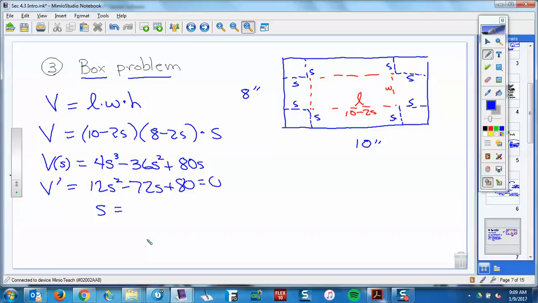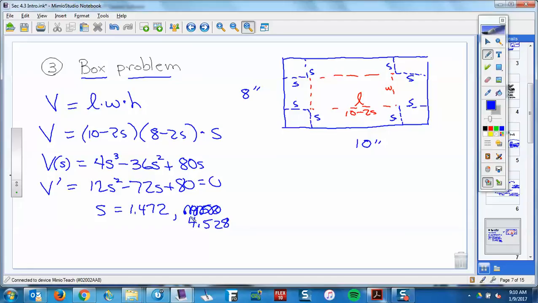So that's one reason to let the calculator do the derivative for you, but whatever. 1.472, okay, and then that's it? 4.528. All right, that's it, those two?